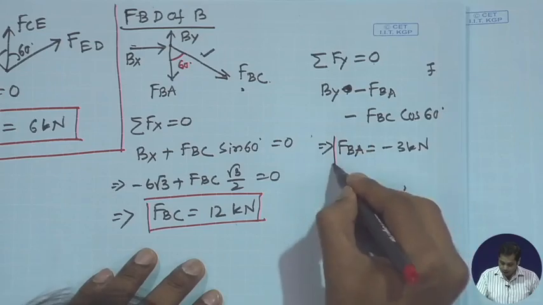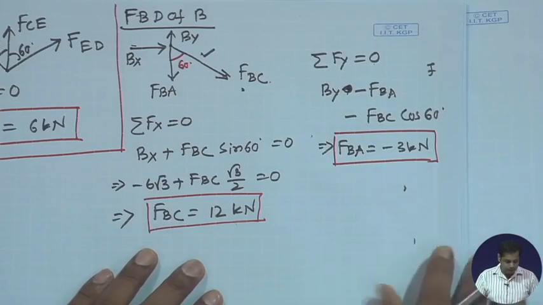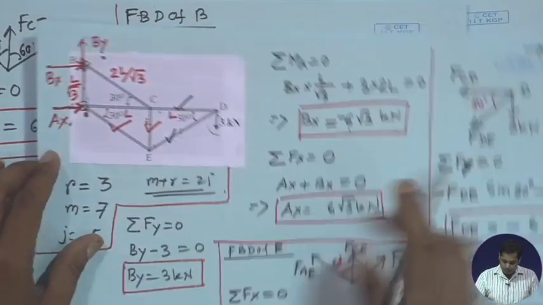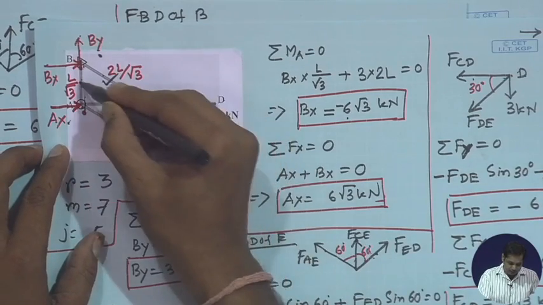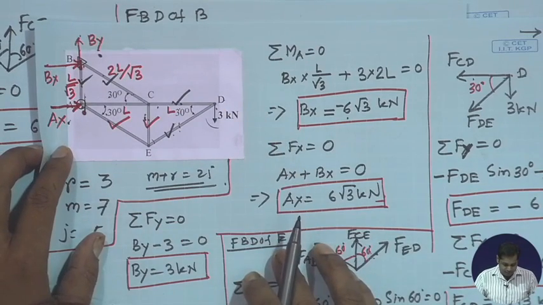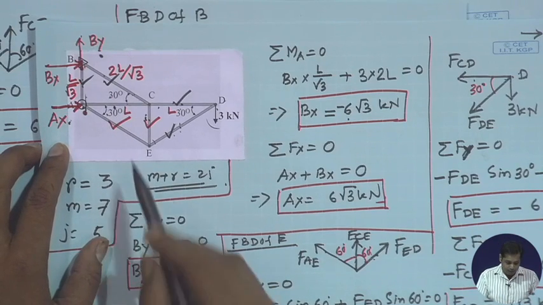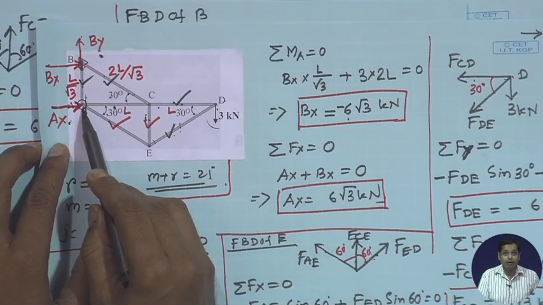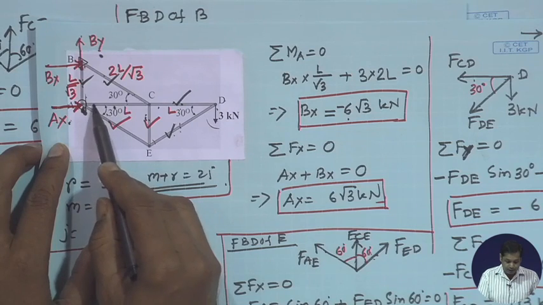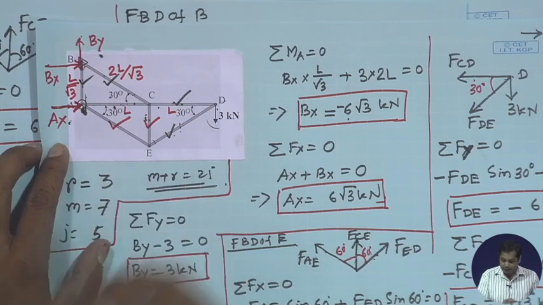Okay, you see, now this is also known, only thing left is this member. Okay, similarly you can draw the free body diagram of this joint and find out the forces in this member.